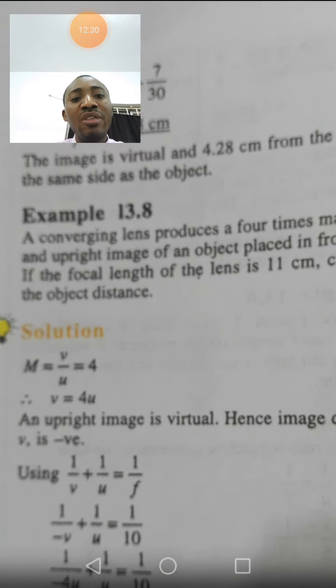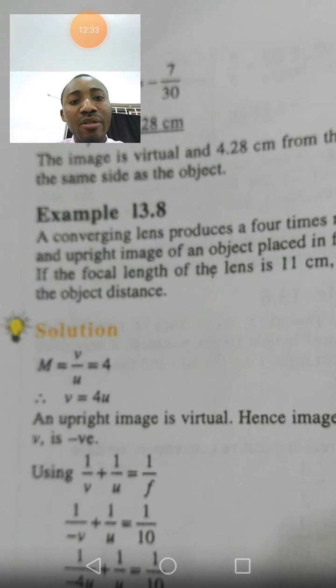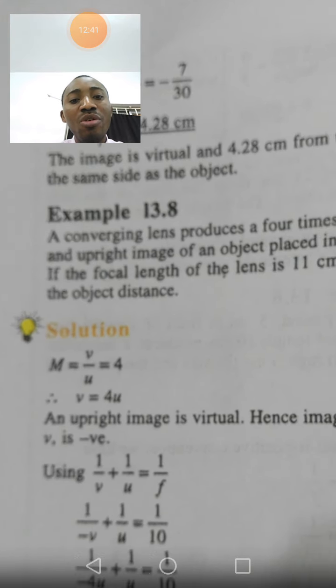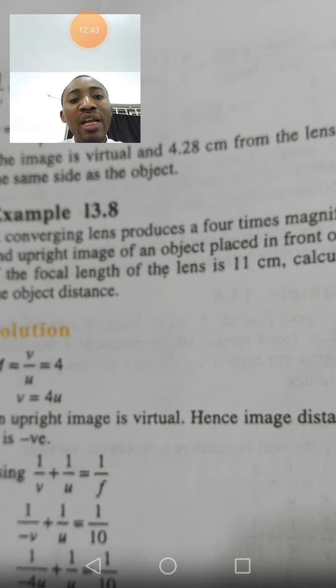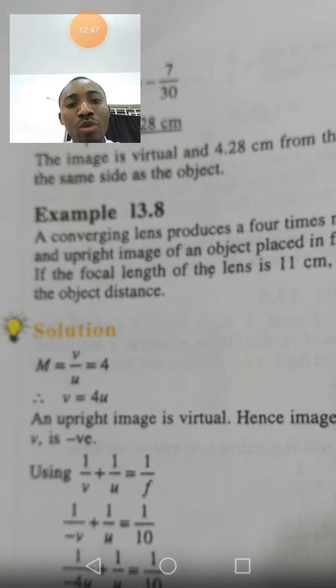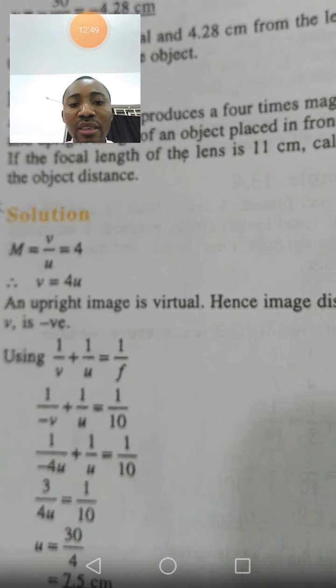So the magnification here is 4. That is, the image is 4 times the object. That is the meaning of what we have here. The focal length, according to the question, is 11 centimeter. So we are calculating the object distance.